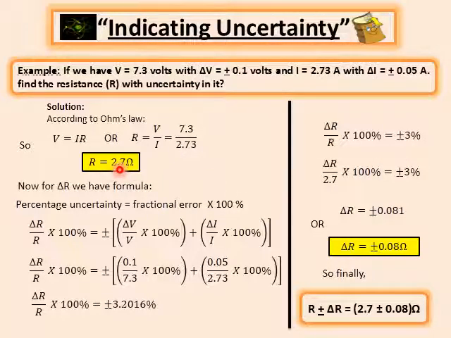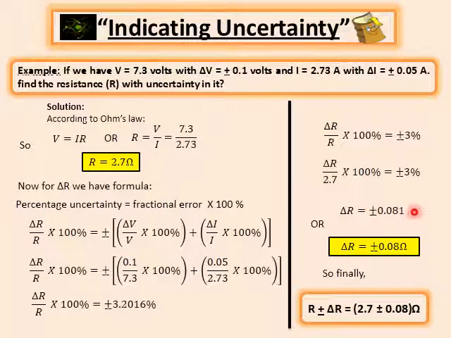Now putting the value of R, which is 2.7 ohms, which we found here, ΔR upon 2.7 × 100% is equal to ±3%. To find the value of ΔR, move 2.7 and 100% to the right-hand side.